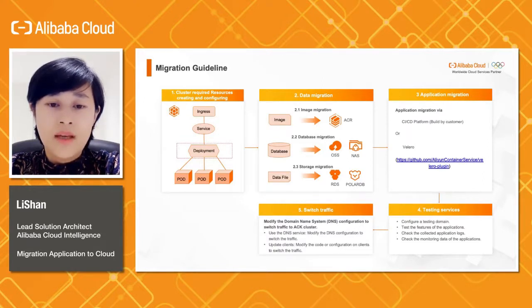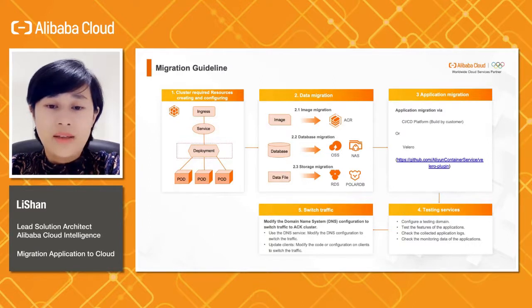Step 3, application migration. Either use your CI/CD platform to continuously deploy to the cloud, or use Velero, the tool provided by Alibaba Cloud, to help your application migrate. Detailed information you can get from the Git repository.